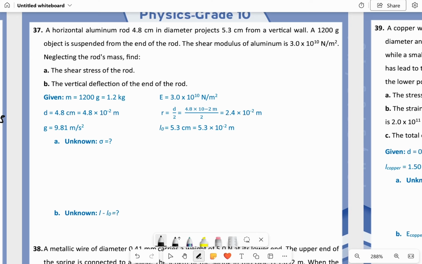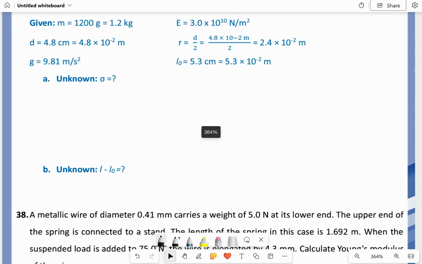The shear modulus of aluminum is 3 times 10 to the power of 10 Newton per meter squared. Neglecting the rod's mass, find the shear stress of the rod. So guys, look, to find this one, you will have stress, which is equal to tension divided by area.